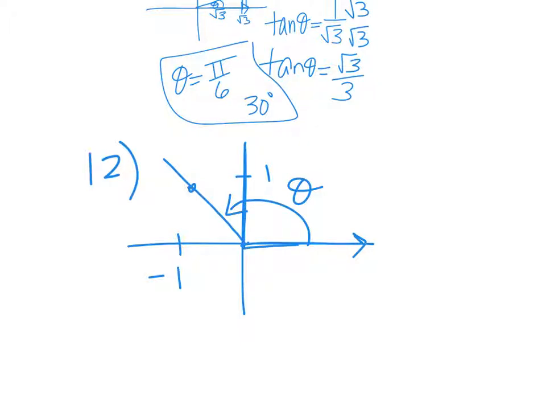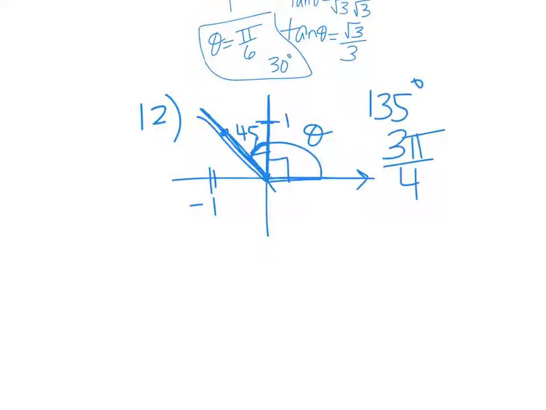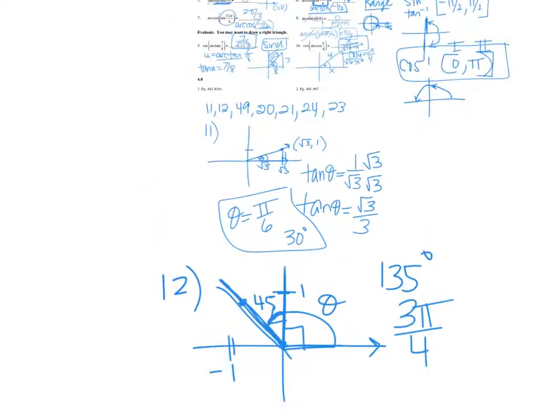To here is 90, and then to here is how much? Do you know? 45. If this is 1 and this is 1, that is a bisector of that angle. So that would be 45. So what's 90 plus 45? Oh, it's 135. How many radians is that? You know, 3 pi over 4. Okay? So I didn't have to use any trig on that one. That was great.